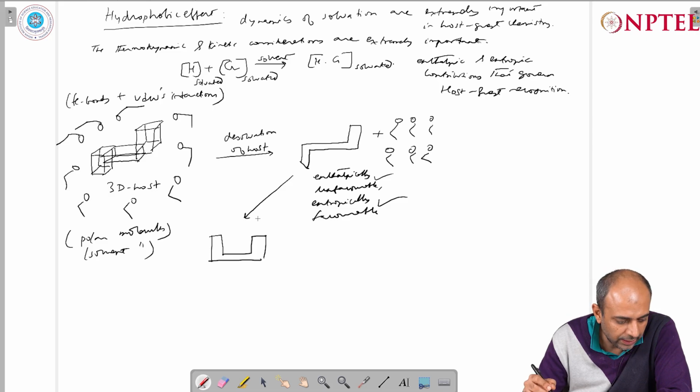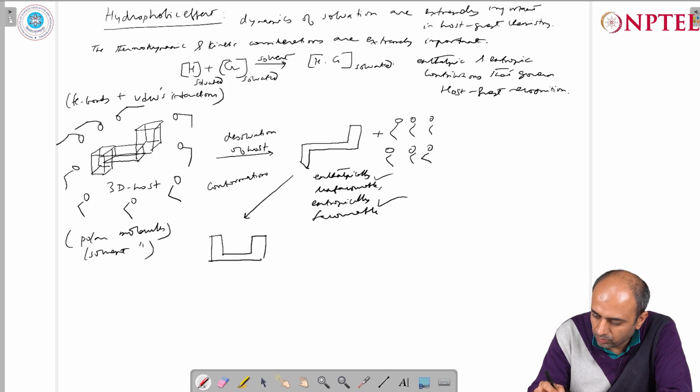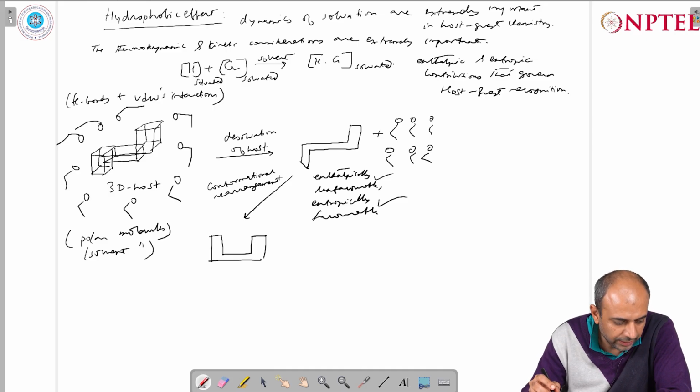So, now you see here that there is a conformational rearrangement, and this conformational rearrangement is both enthalpically and entropically unfavorable.